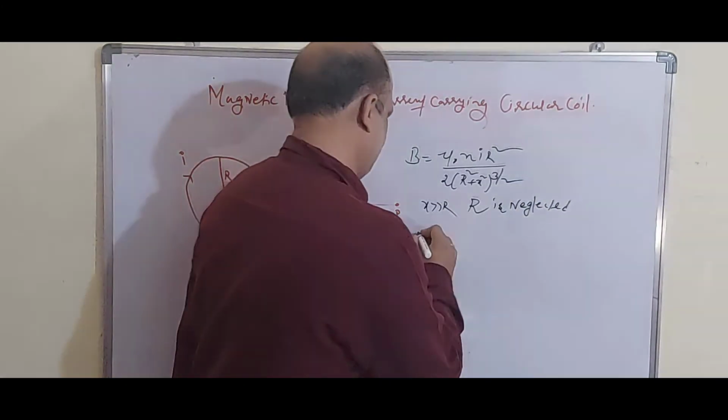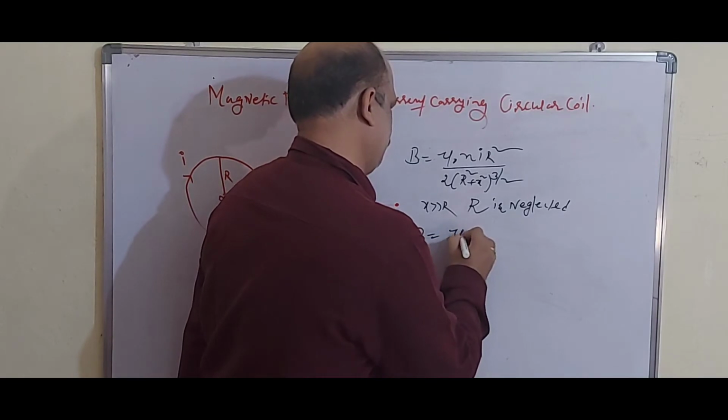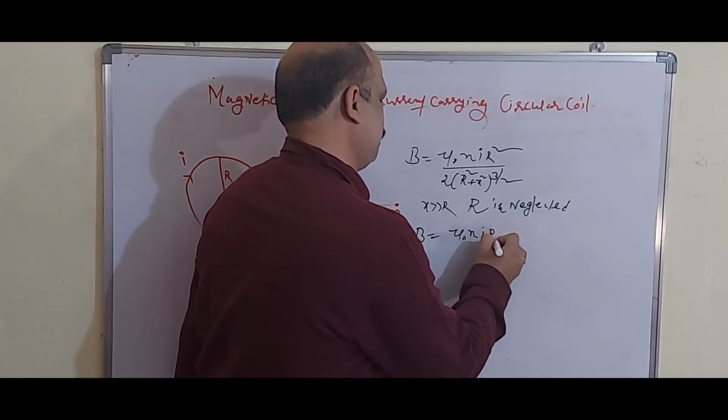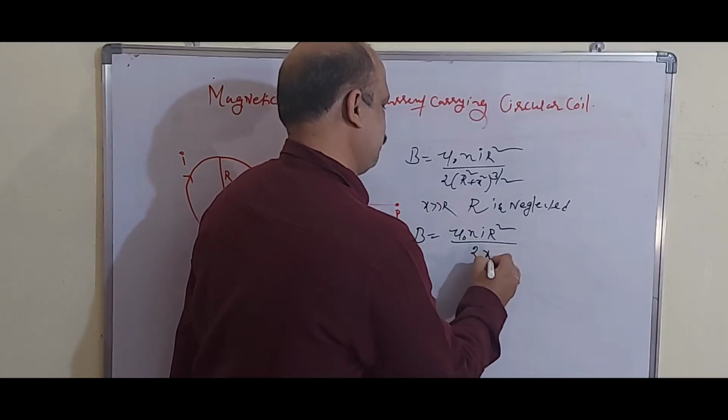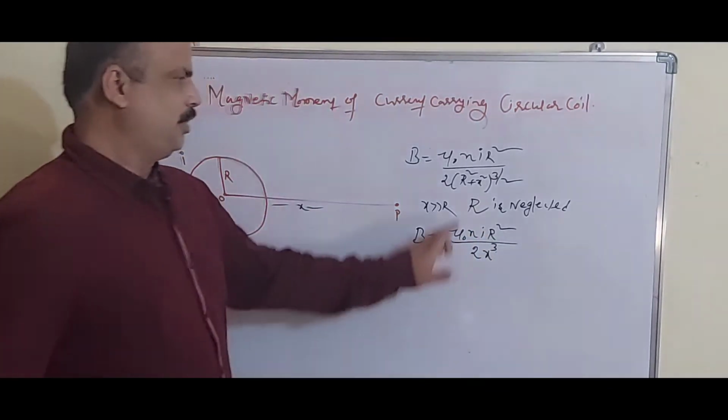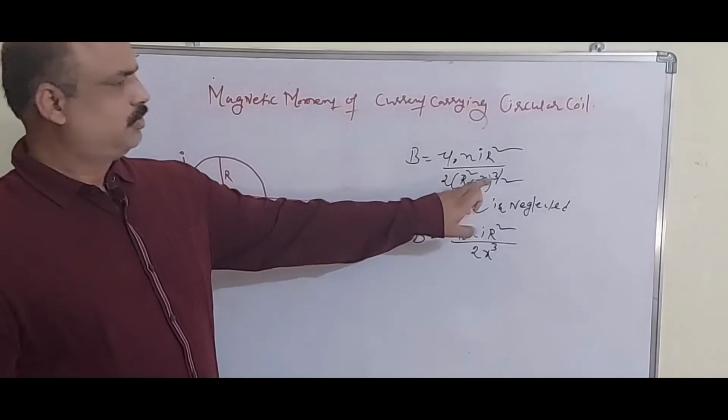What we write here is B = μ₀NIr² / 2x³, since r is neglected, x² times x gives x³.